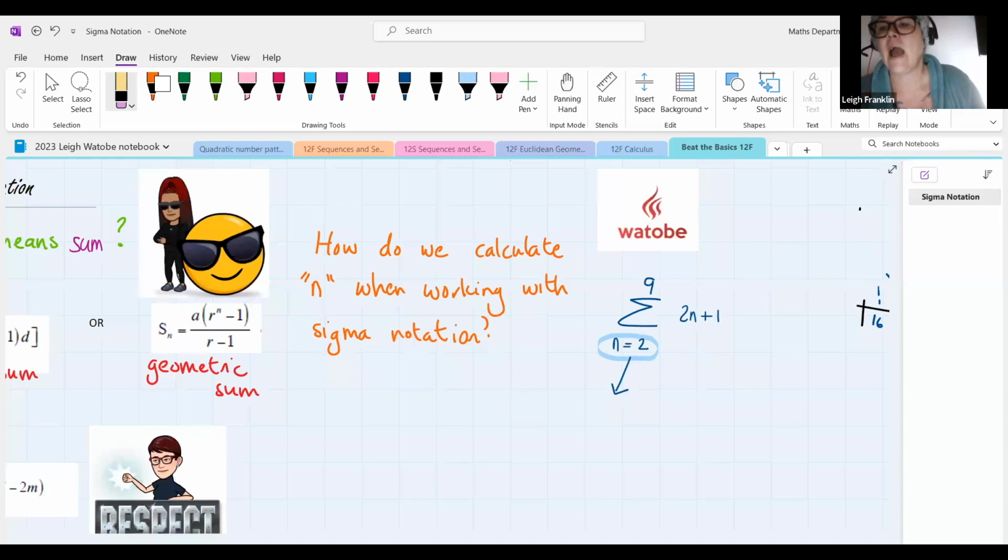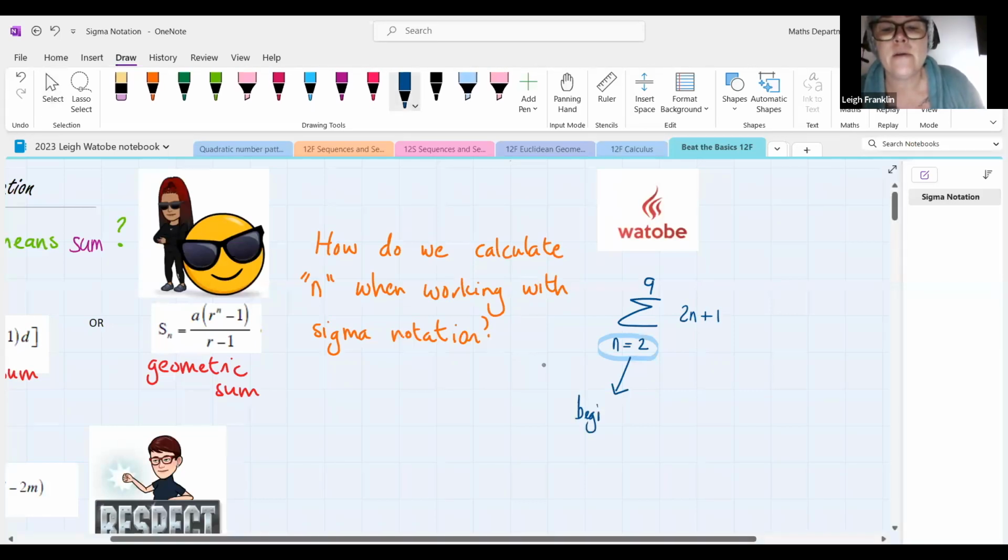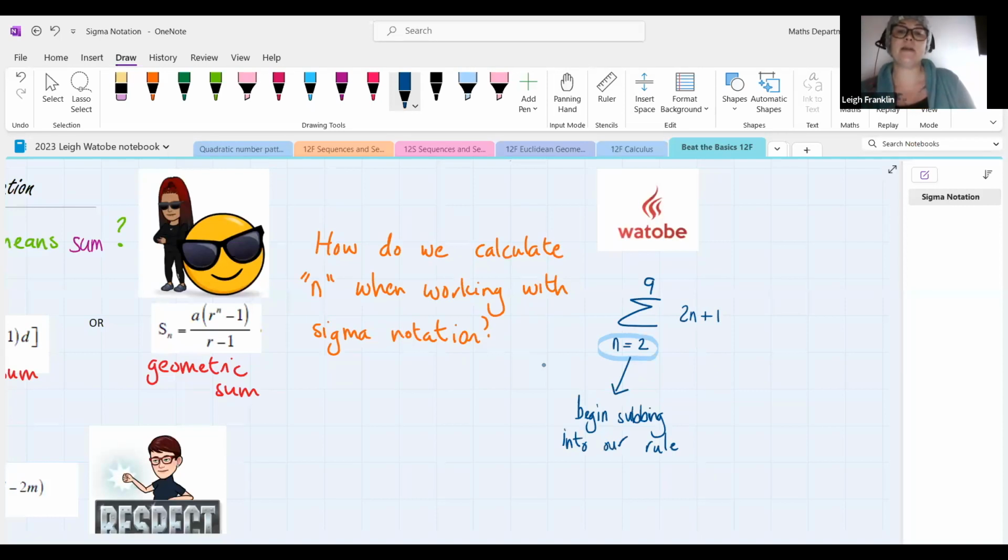So at the bottom, n equals 2, this is where we begin subbing into our rule.